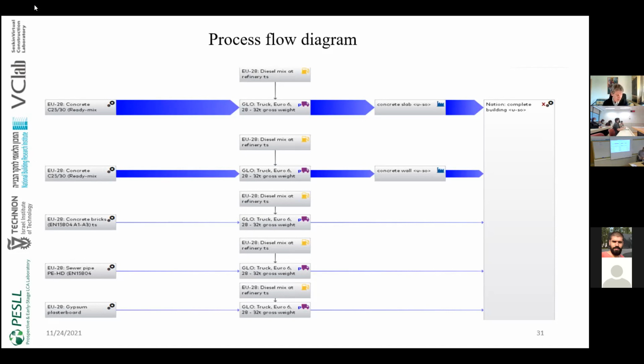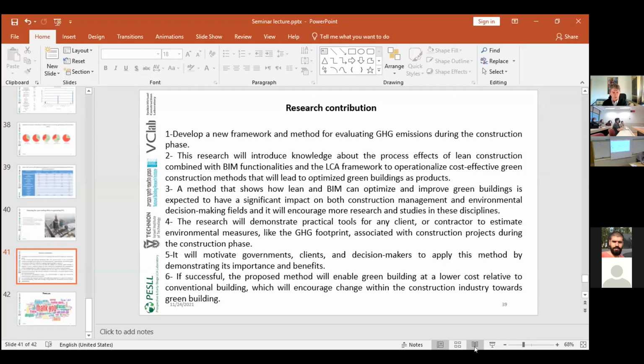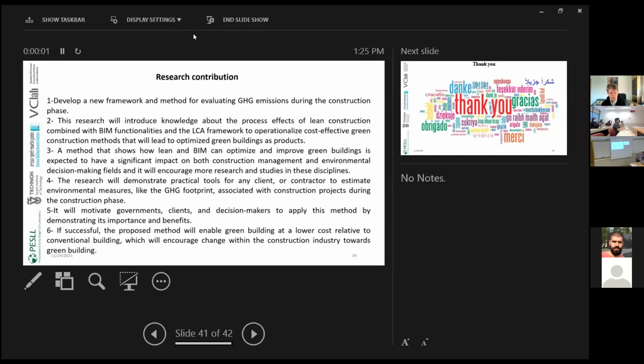But just a general comment about your conclusions. One of your conclusions, I think the last one, number 6. Can you please open the slide with the conclusion? Yes, if successful.